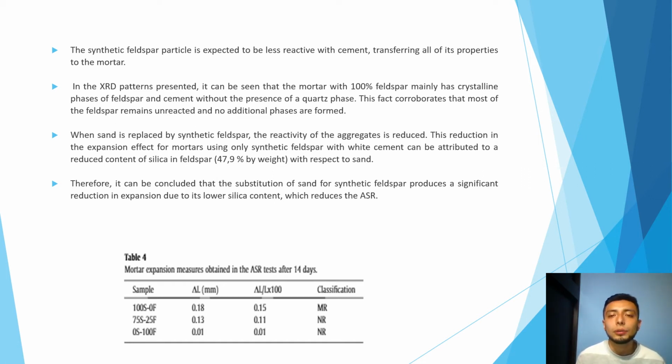This corroborates that most of the feldspar remains unreacted and no additional phases are formed. Therefore, it can be concluded that the substitution of the sand for the synthetic feldspar produced a significant reduction in expansion due to the lower silica content, which reduced the ASR.